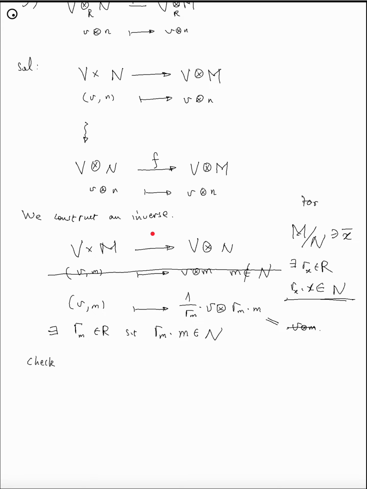this, let's call this G tilde, is well defined, which means it doesn't depend on the choice of r_m, right? Suppose there is this r_m, r_m prime, such that both work.